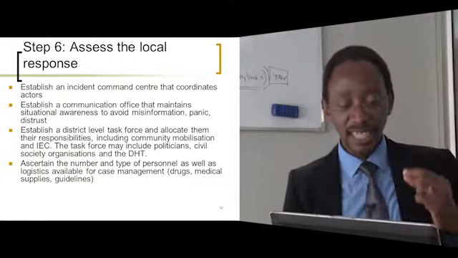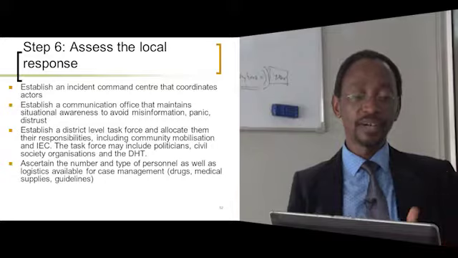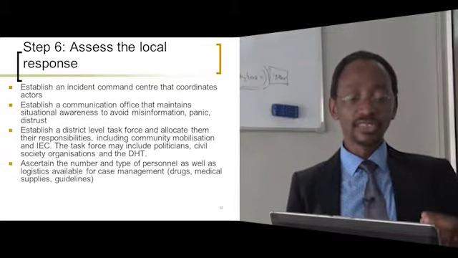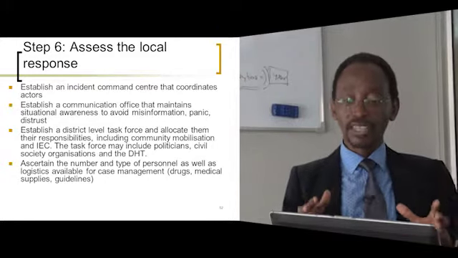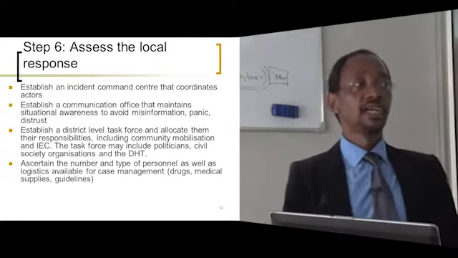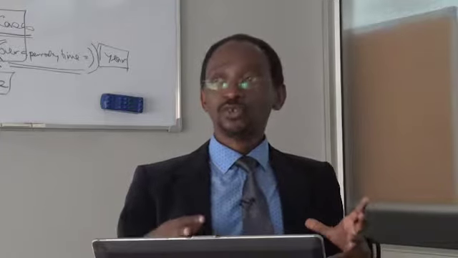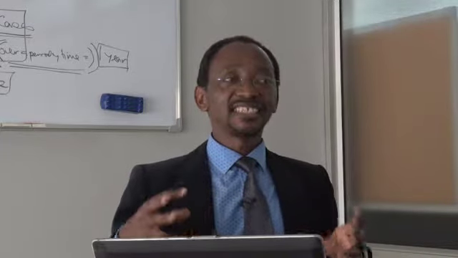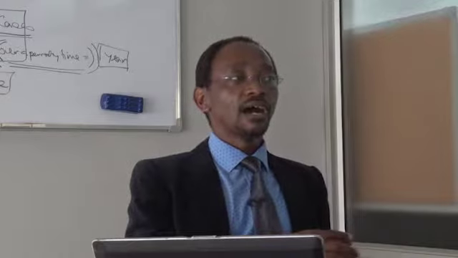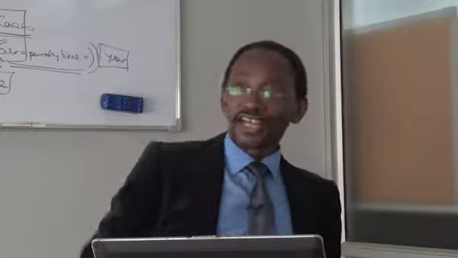We ascertain the number and type of personnel, as well as the logistics available for case management, the drugs, the medical supplies, the guidelines. In some outbreaks, like the Sierra Leone Ebola outbreak, they had to do a sudden increase in capacity by doing rapid trainings because they didn't have the personnel, by importing technical experts.